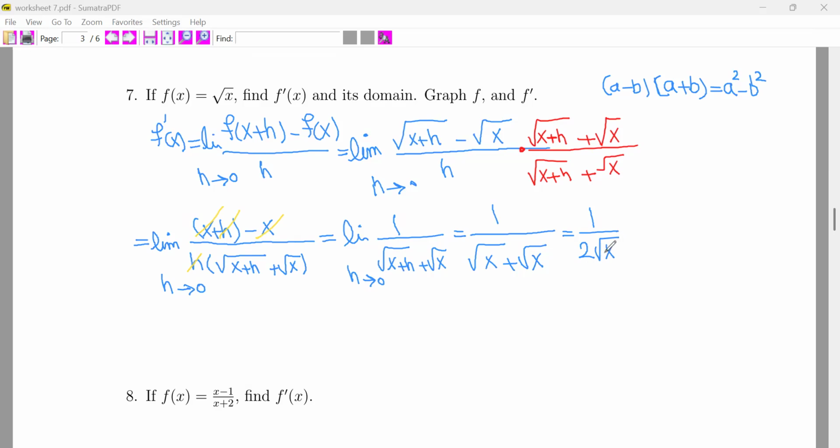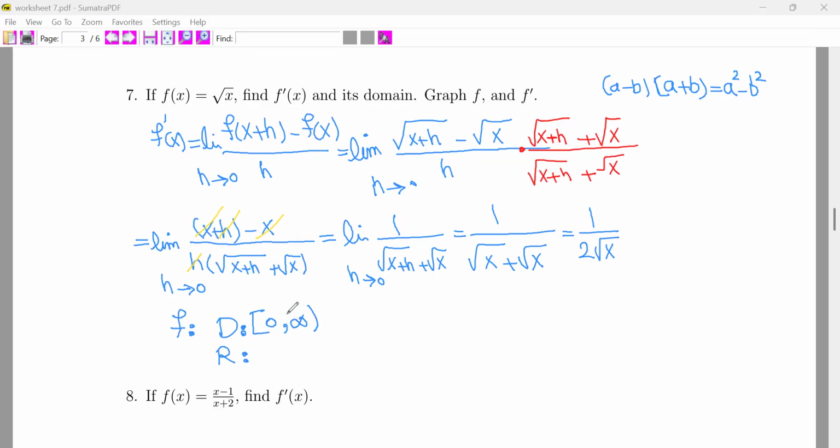Now, how can we find the domain here? We can use the graph or we can use the formula. If we want to find the domain and range for f, we will have all positive numbers because no negative number can be placed under the radical, but we accept 0 here.